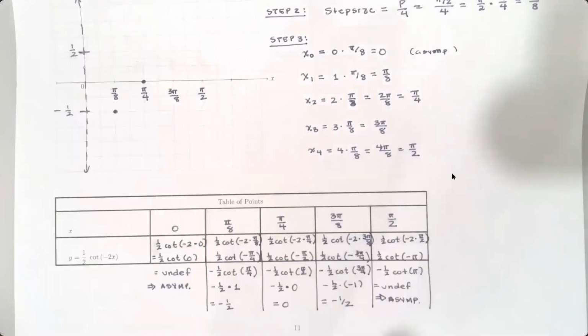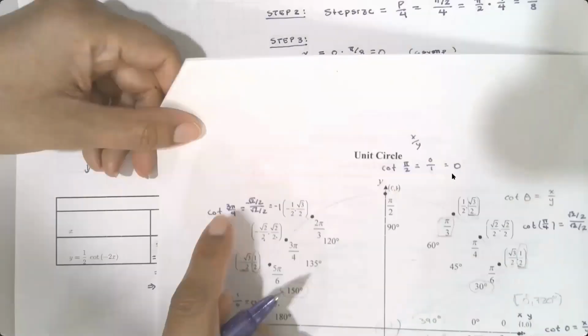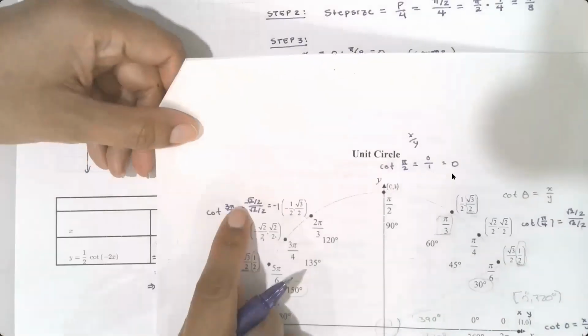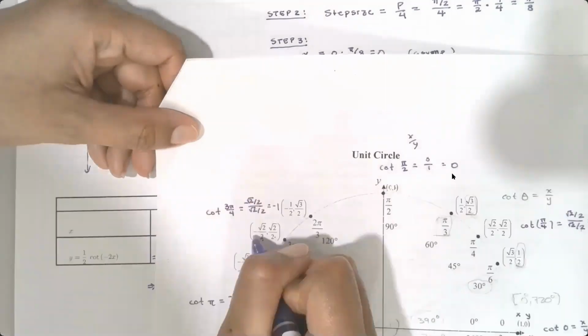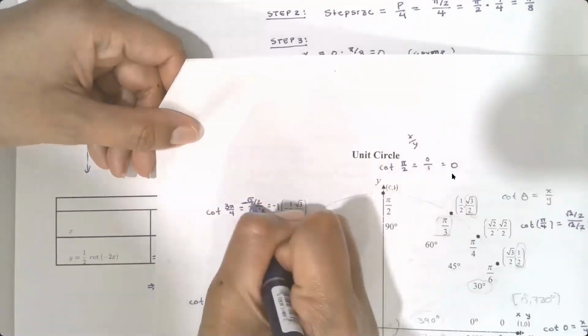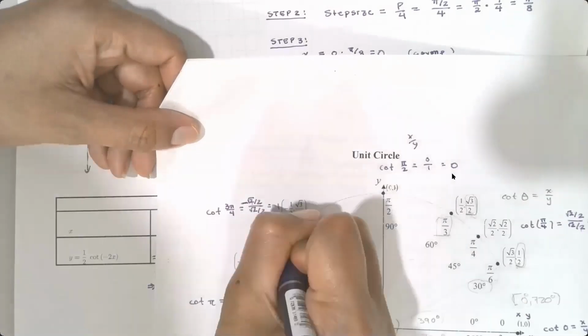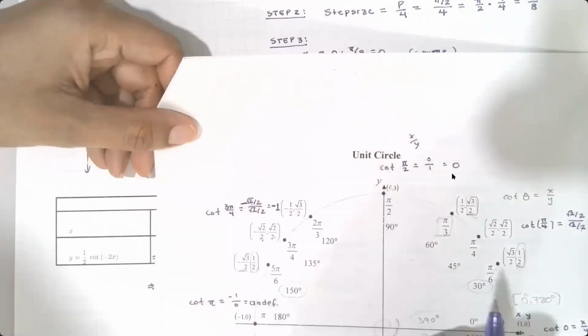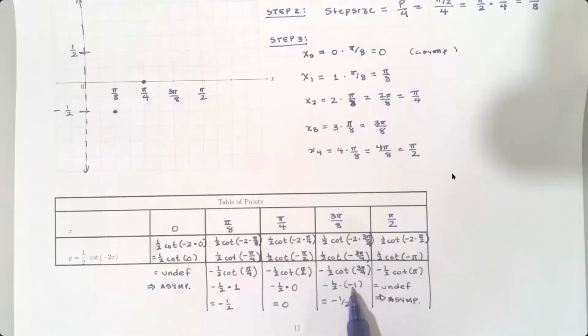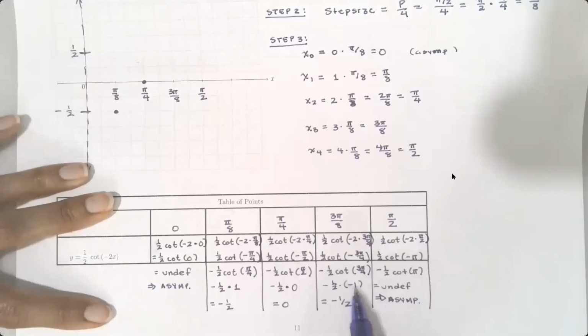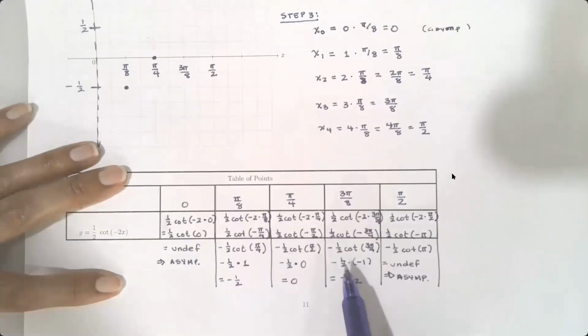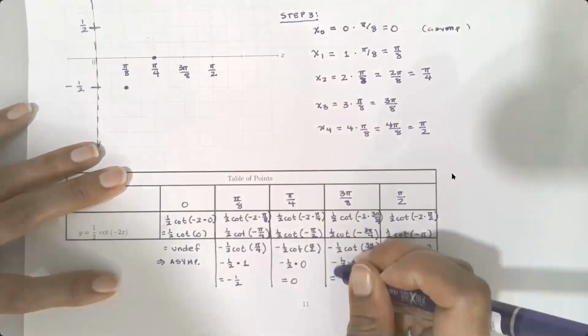Yeah, let me show you. Cotangent of 3 pi over 4 is negative, right? It is negative radical 2 over 2 divided by radical 2 over 2, which gave us negative 1. And then when I transferred it over to here, I didn't write it as a negative 1. So that should have been negative 1, and then negative times negative becomes positive 1/2.